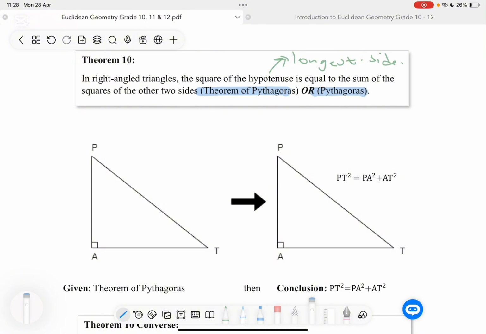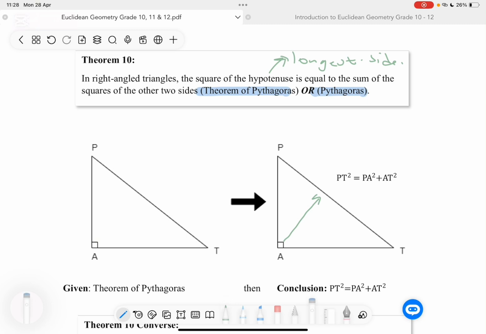So if we have such a triangle, we can come to the conclusion that if we take this longest side, and already you can see that PT will be the longest side, because usually the longest side of a right-angled triangle is the one opposite the right angle. It always happens like that.